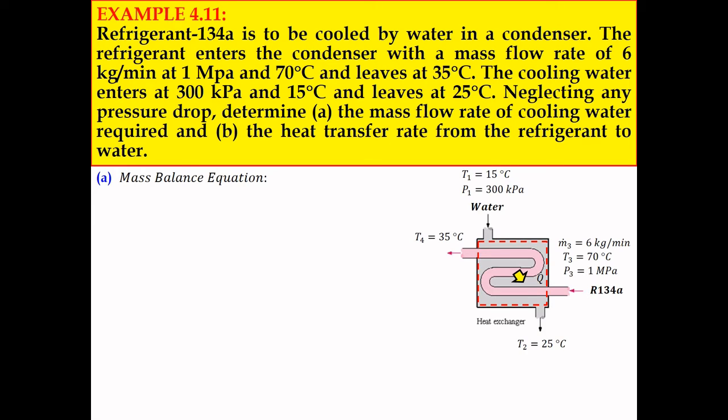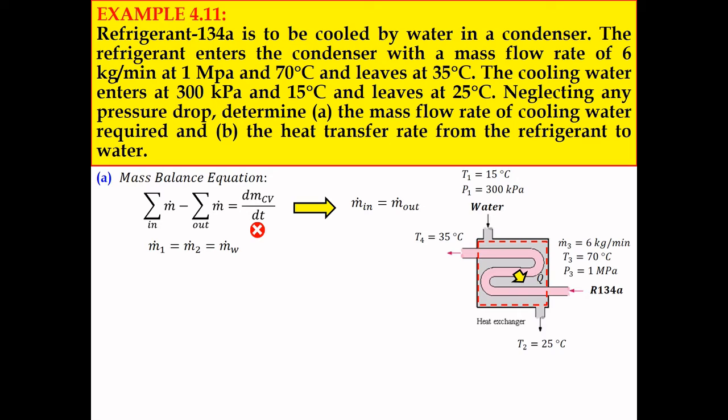Okay, based on the mass balance equation, total m dot in minus total m dot out equals dm_CV divided by dt. Due to the steady flow process, no dm_CV over dt term will be involved in the mass balance equation. So we have m dot in equals m dot out.